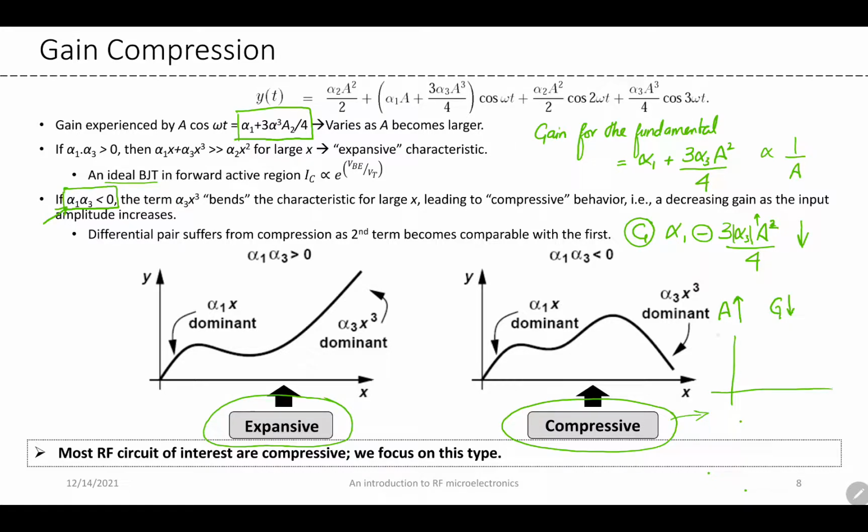If I look at gain with respect to amplitude, you'll see that at higher amplitudes the gain starts to fall. This is a typical behavior you'll see in RF devices. And this falling of gain is called gain compression. So that's where the term gain compression comes from.